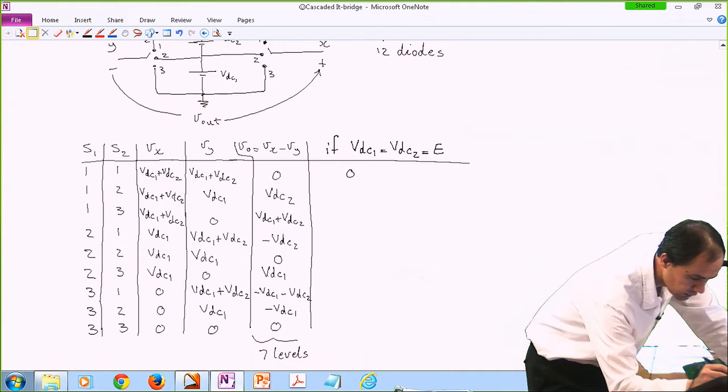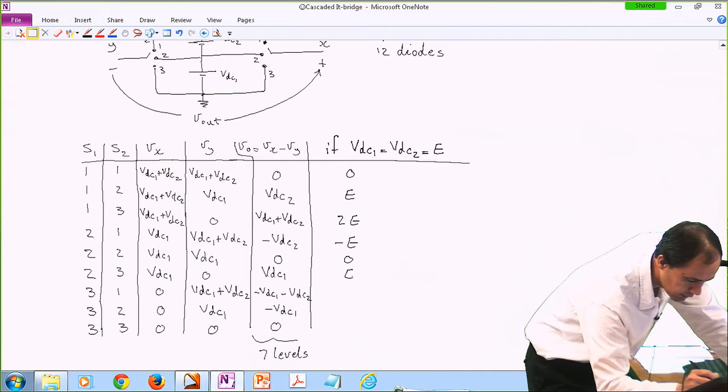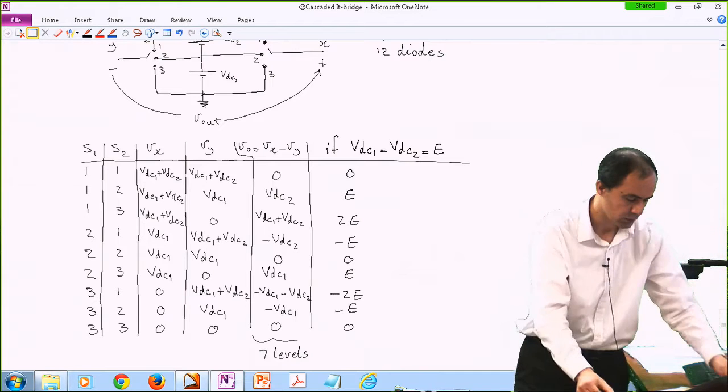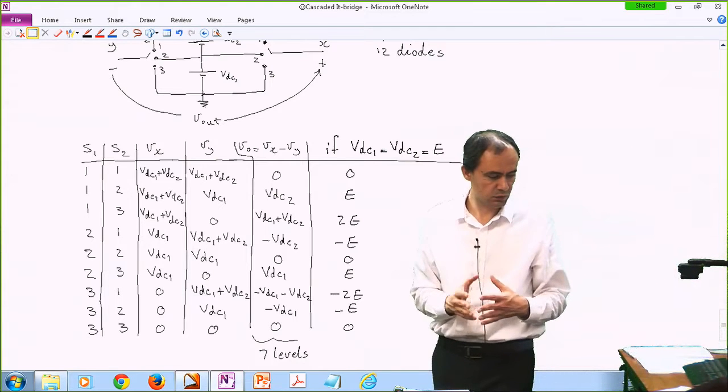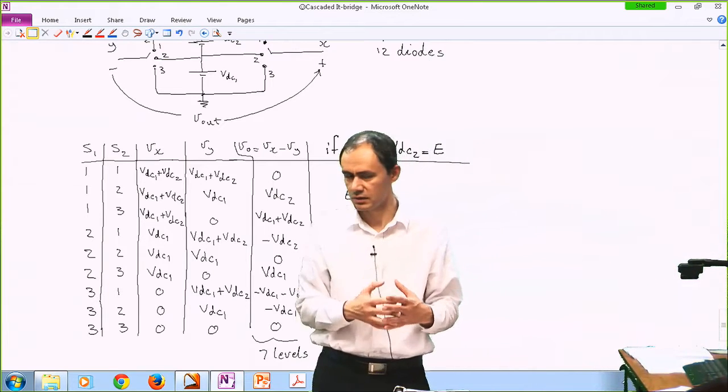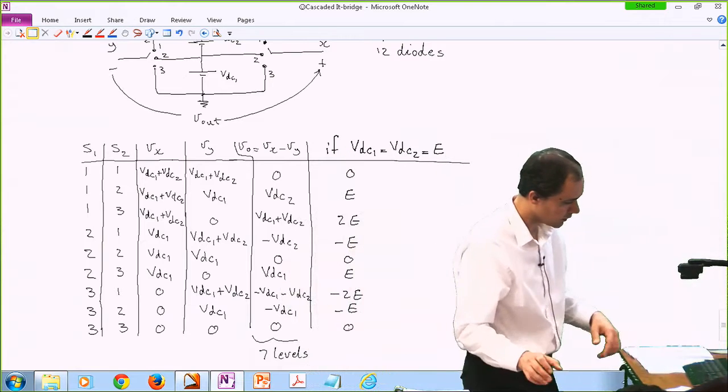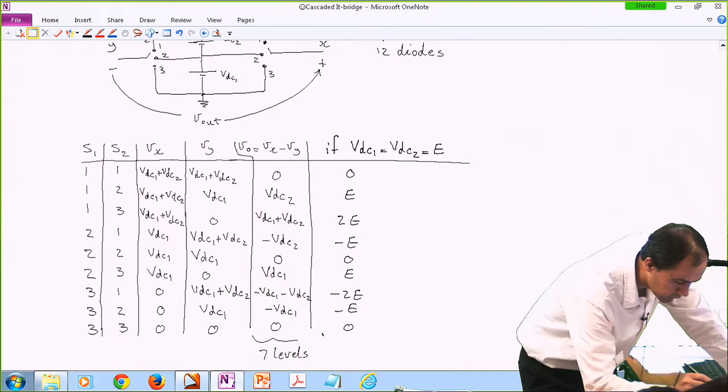Then I have 0 here, E, 2 times E, negative E, 0, again E, negative 2 times E, negative E, and then 0. So more redundancy because VDC1 and VDC2 are the same. There's not a significant difference between them. So I will be coming down to 5 levels.